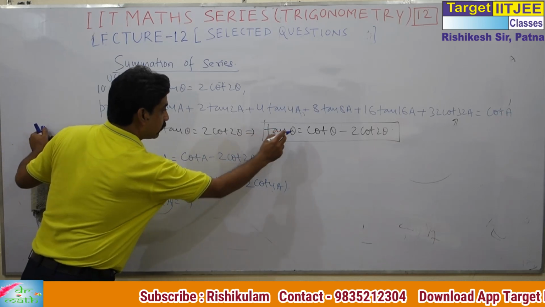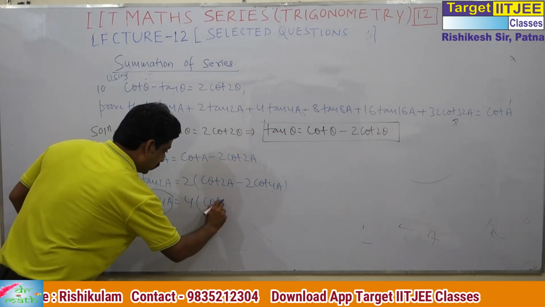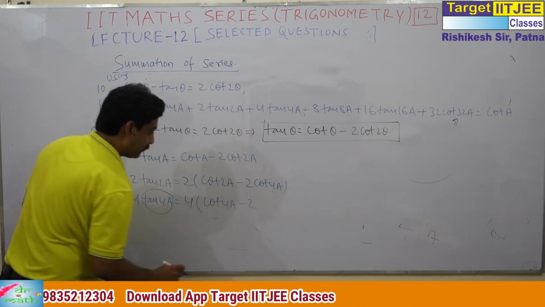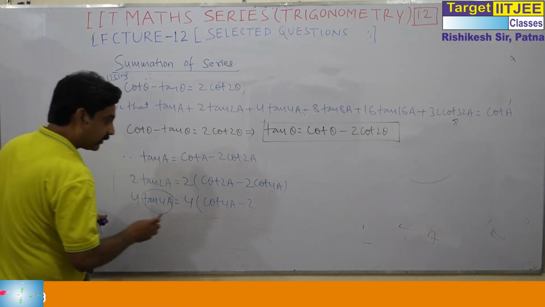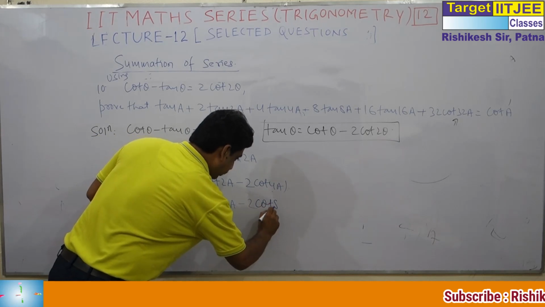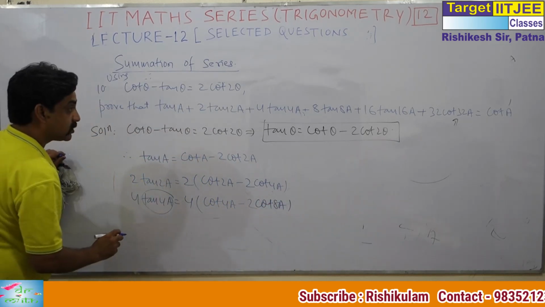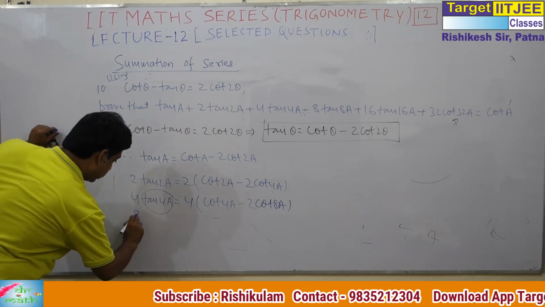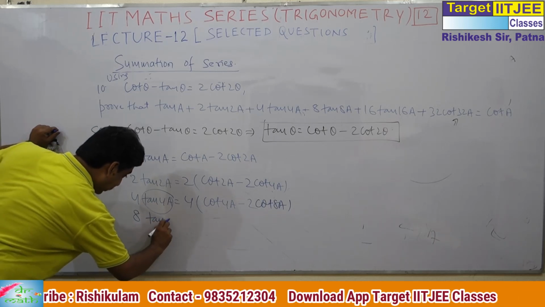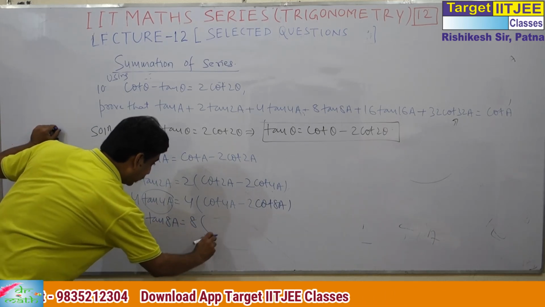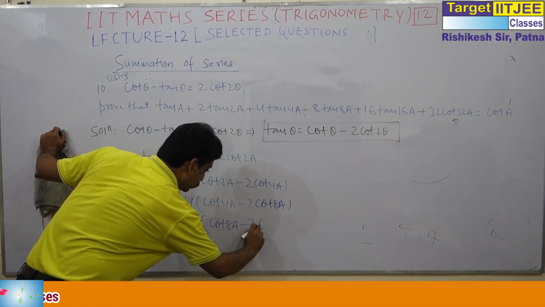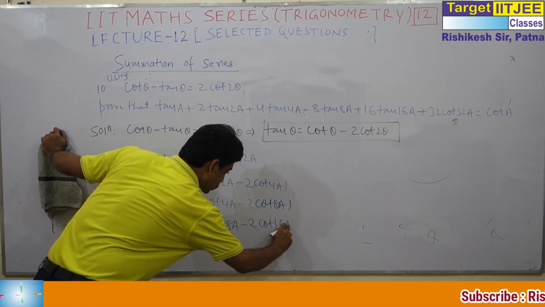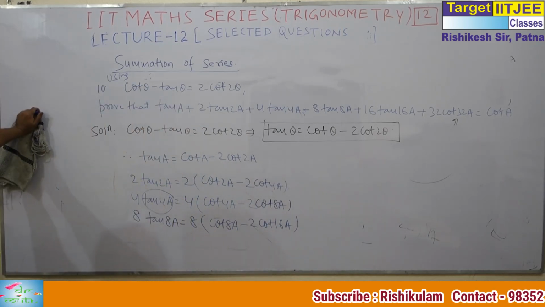When we use this for tan 4A, this is cot 4A minus twice the angle, twice 4A, cot 8A. Now what is the next term? Next term is 8 tan 8A. This is 8 times cot 8A minus 2 cot 16A. And what is the next one?